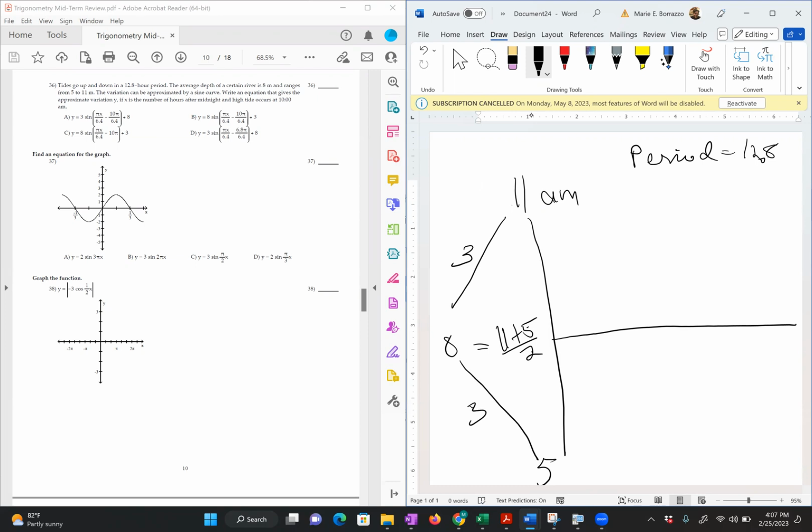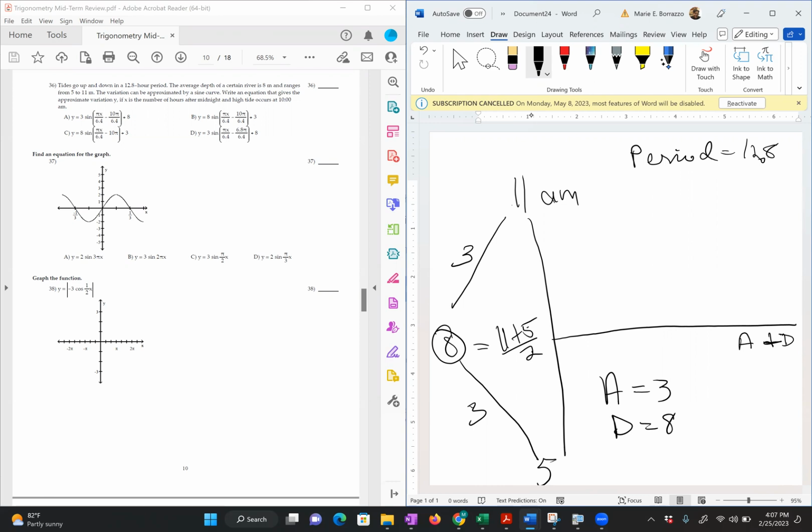Same thing for 8 to 5, a difference of 3. So we know our amplitude A is 3 for sure. We know we have a plus D because our D value, this is D right here, our D value is 8. So I've already narrowed my answer choices between A and D.